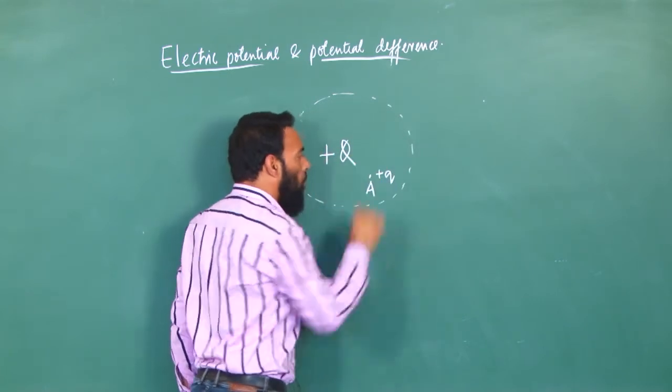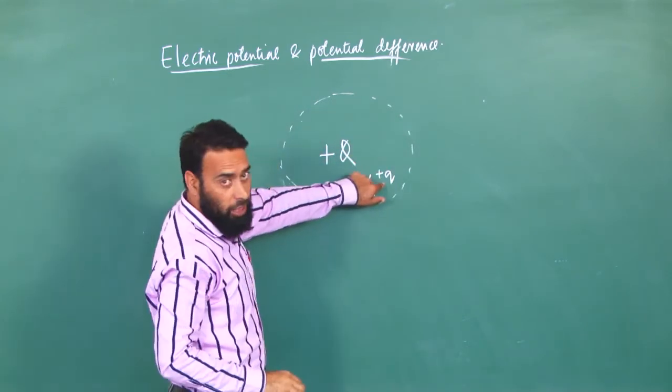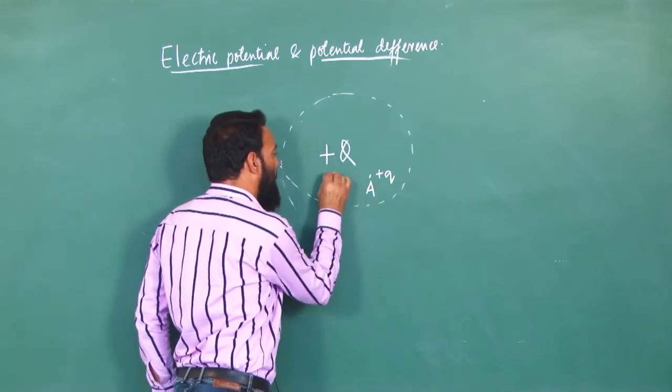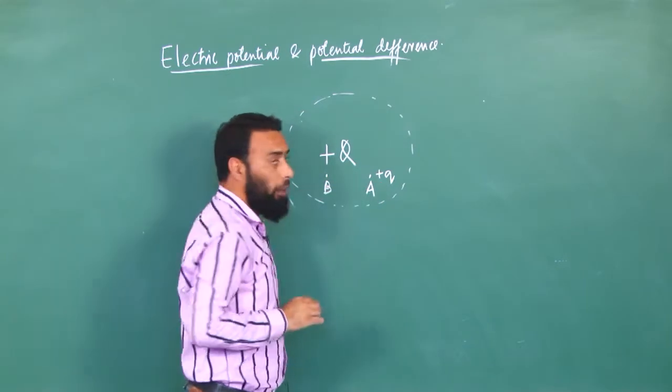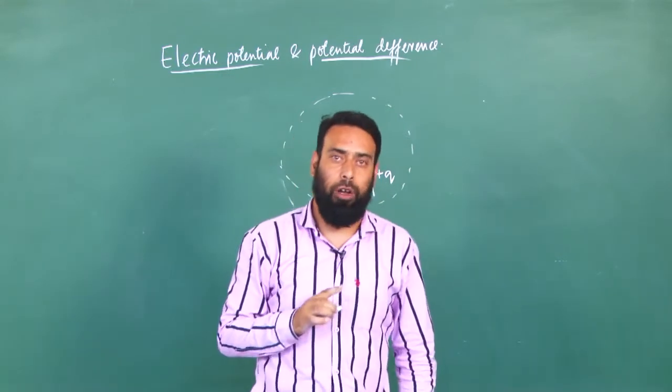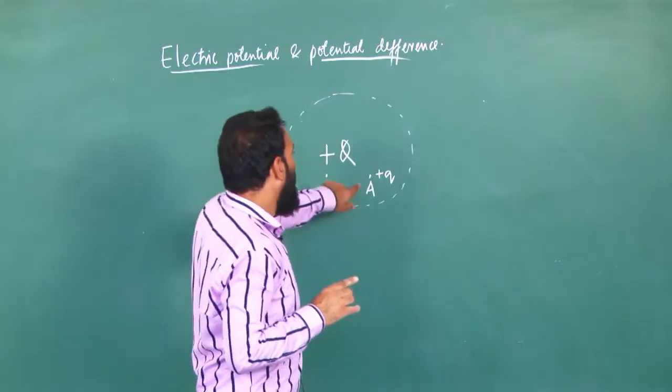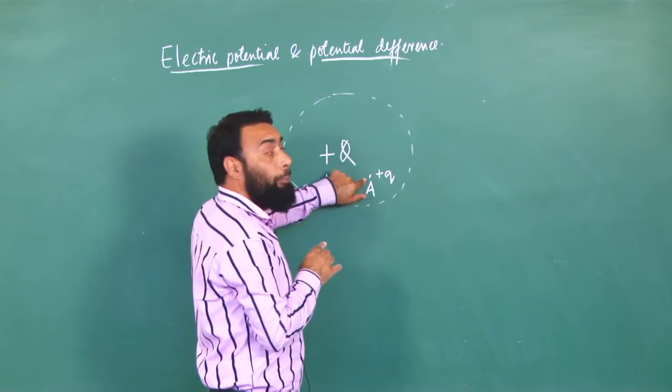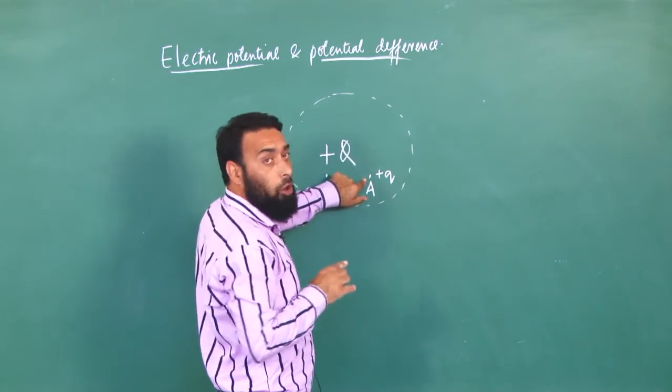Now if you want to bring this Q charge from point A to point B, again we have to do work. But you know that at point A there is already a potential, which we call electric potential.